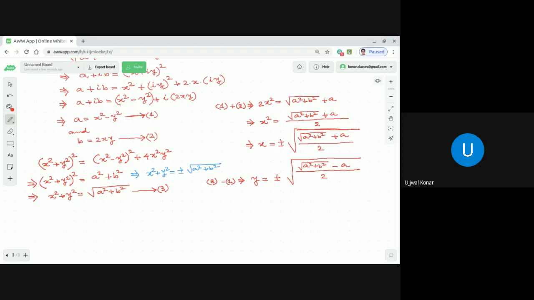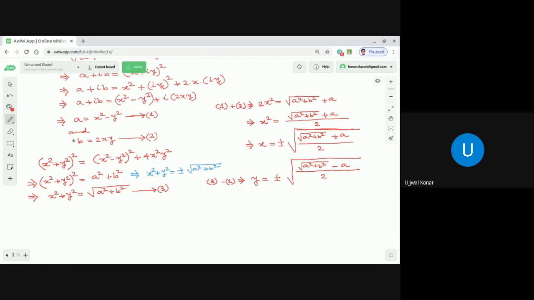Now, let us concentrate on equation 2. Equation 2 tells that b is equal to 2xy. So, if b is positive, what can we conclude? It is only possible that x and y have the same sign. That means both x and y are positive or both x and y are negative. And if b is negative, then x and y have to be of opposite sign.